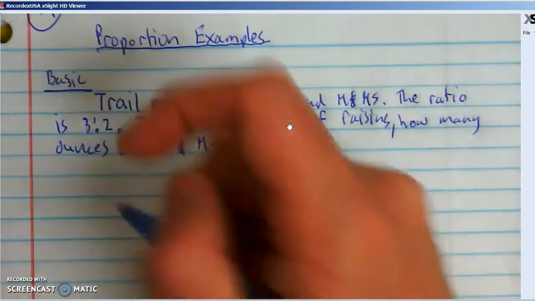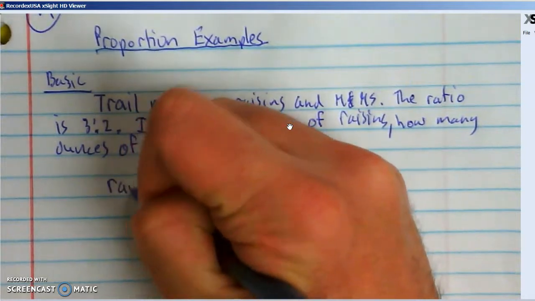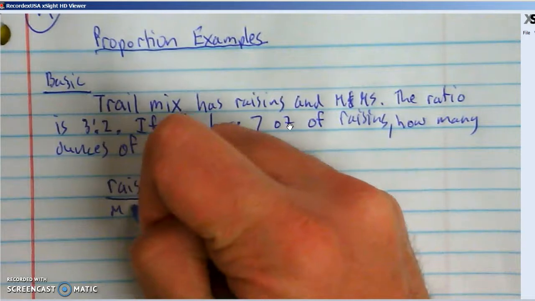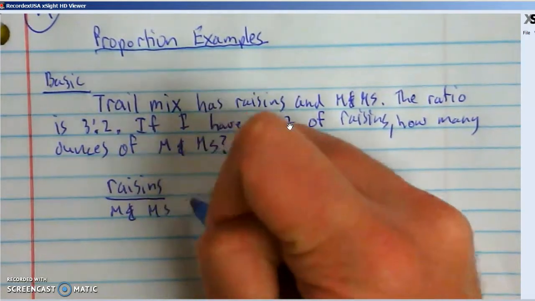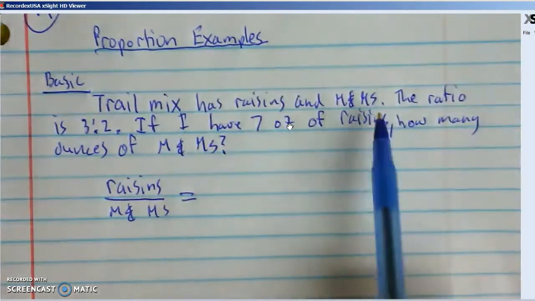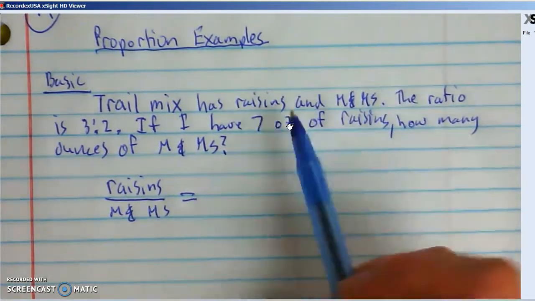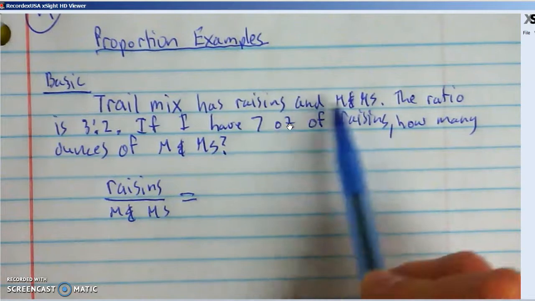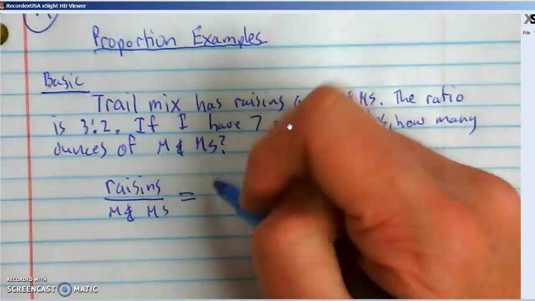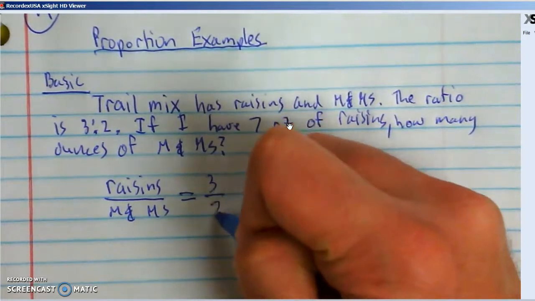So what we talked about is how you're going to compare the two things. We've got raisins and we've got M&Ms. And those raisins and M&Ms are in the ratio, so it has to go in the same order. So they said raisins first, and then they said M&Ms. So the ratio is 3:2. So we know that ratio is going to be 3/2.